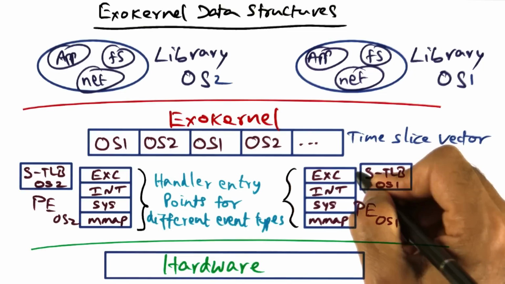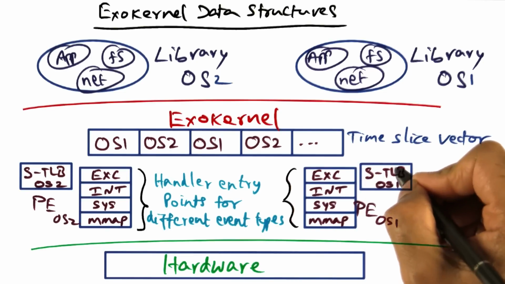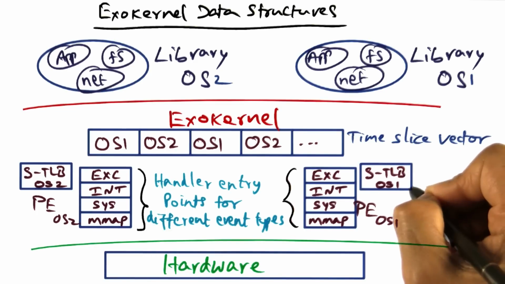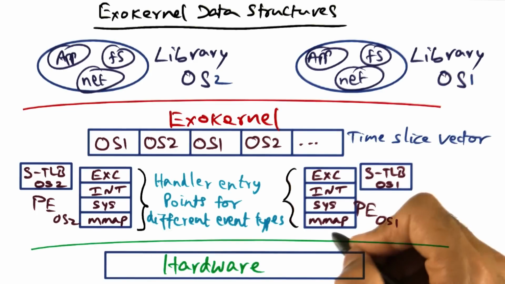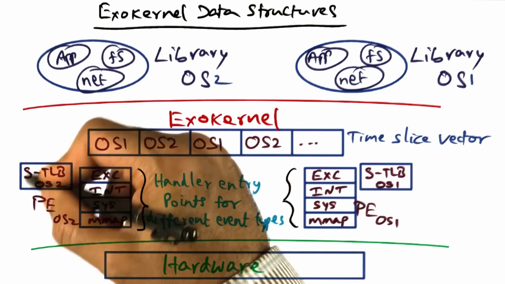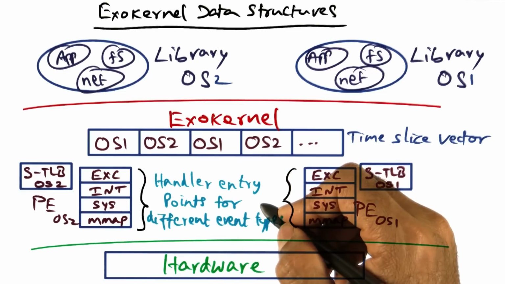In addition to the PE data structure, we already mentioned the software TLB that Exokernel maintains on behalf of every operating system. So this is a software TLB for OS 1, software TLB for OS 2, and these are what are called the guaranteed mappings.